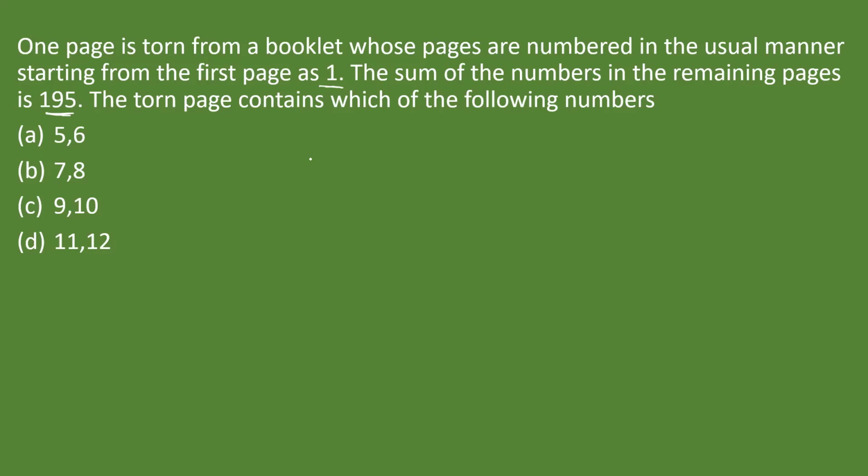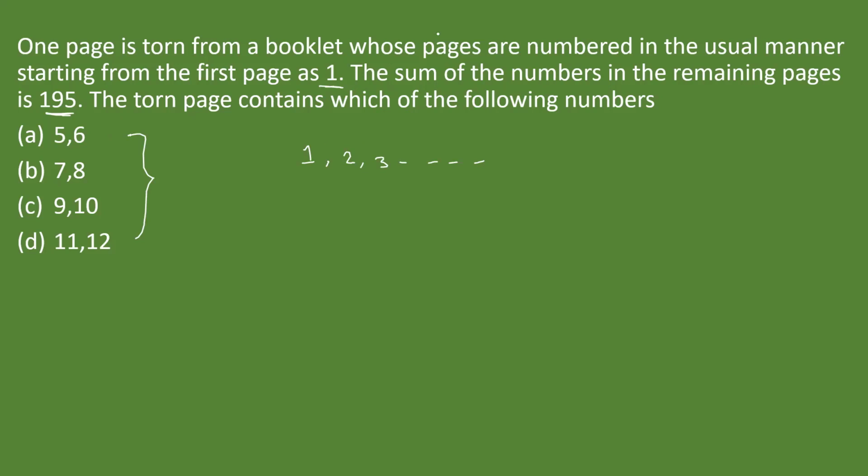That means 1, 2, 3 and so on. The sum of the remaining pages is 195. The torn page contains which of the following numbers? We need to find this.